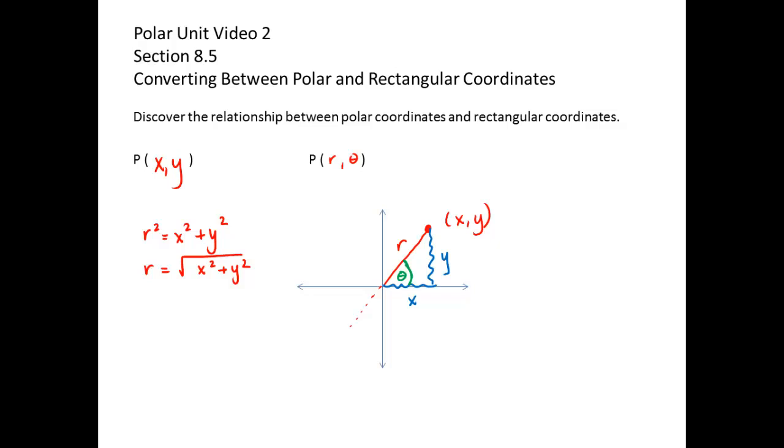Now, where does theta come from? If I don't include r whatsoever in my relationship of theta, then theta is actually based on a tangent relationship. So I should have tangent of theta equals y over x. Now we've thought of tangent as y over x before, so that's nothing new. And then I can solve for theta by using our inverse operation, so tan inverse of y over x.